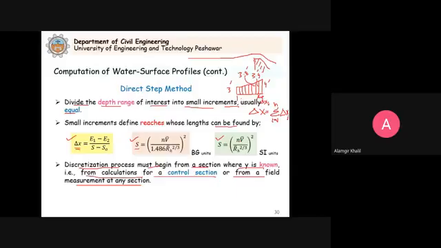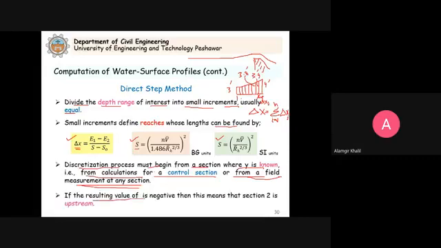If the resulting value is negative, meaning you calculate delta x and it is negative, even though we calculate a distance that cannot be negative. But when we solve the problem, you will see that this delta x may be equal to minus 100 feet.